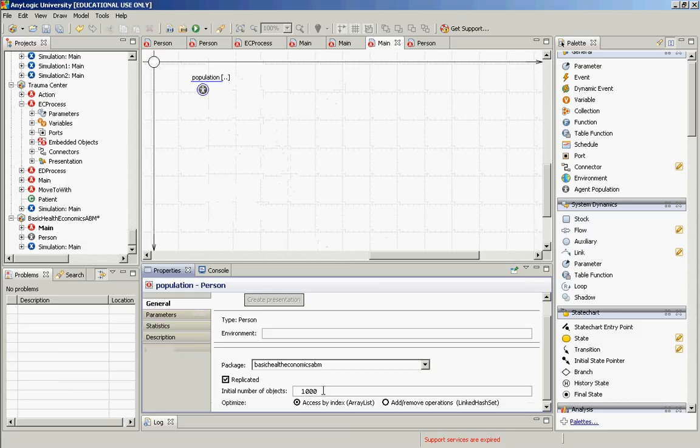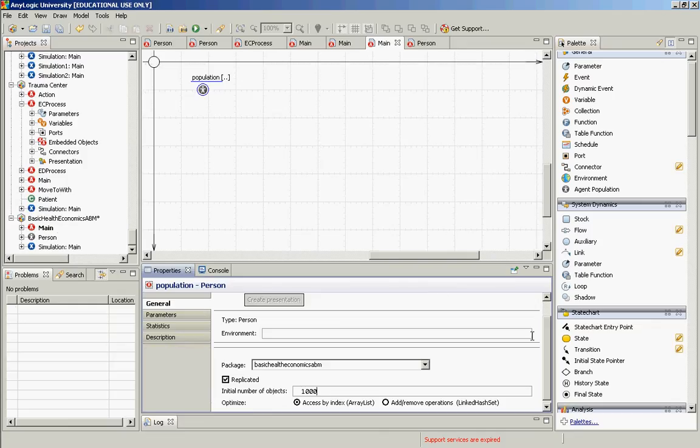That could be set by a parameter, whose value will be established when it's created from an experiment. But for the moment, we'll leave it for simplicity as it is.